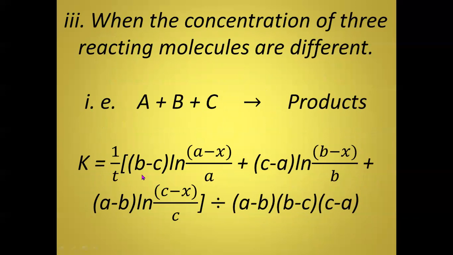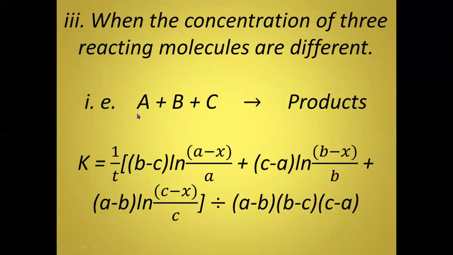Now the third case, in which 3 reactants are involved, that is A plus B plus C gives product, but only 1 molecule of each reactant is involved. Therefore, totally 3 molecules, 1 plus 1 plus 1, of A, B, C produce product.